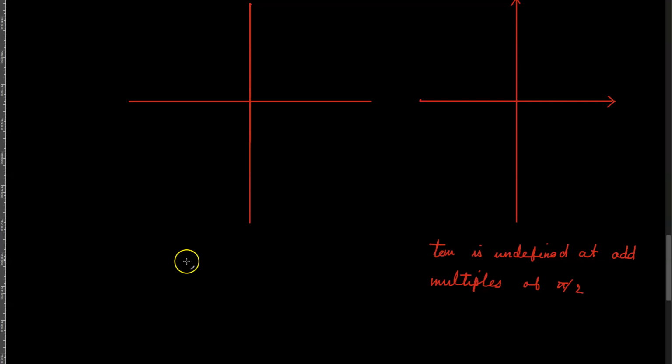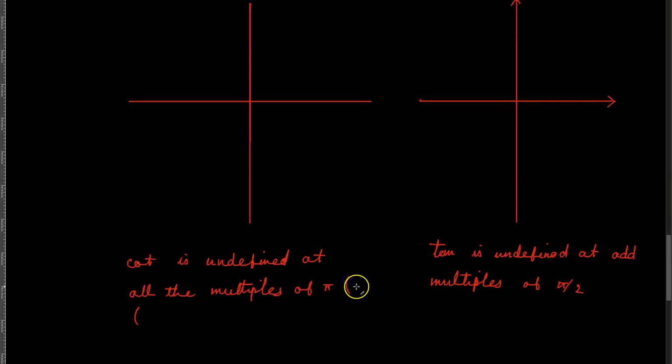But the cot function is undefined at, well, all the multiples of pi, meaning at n times pi, of course, n belonging to the set of integers.